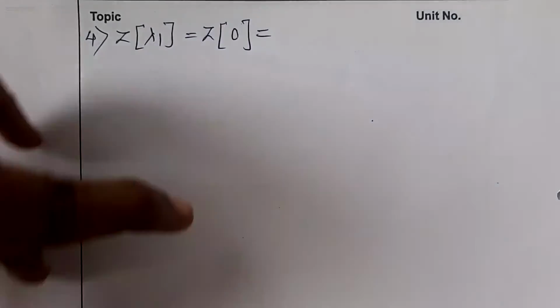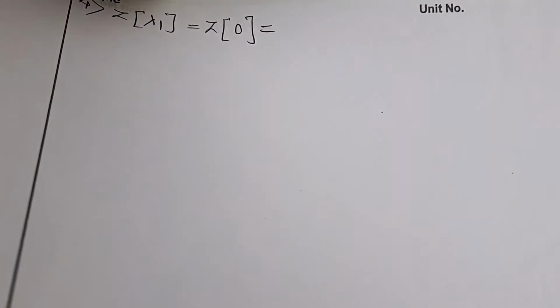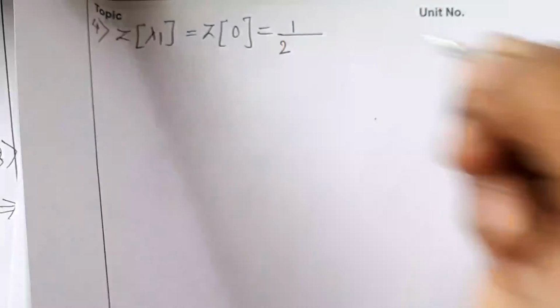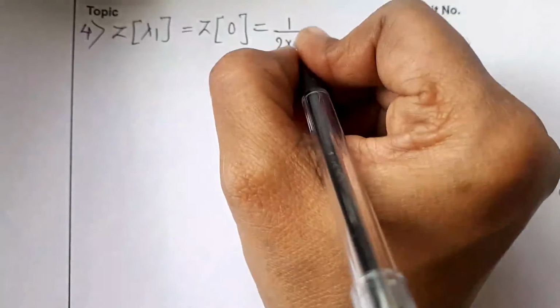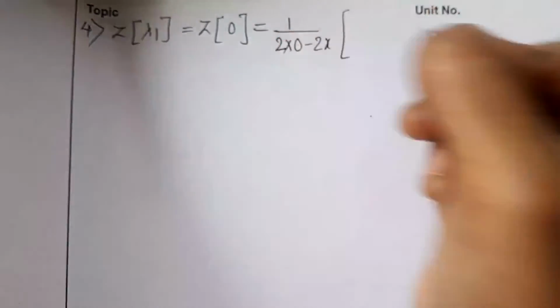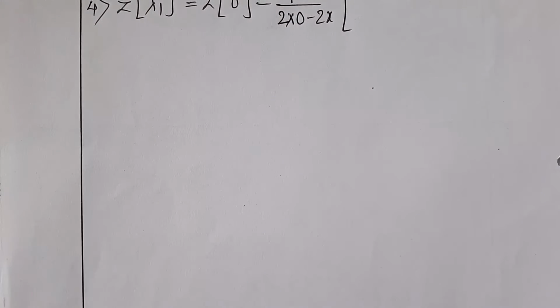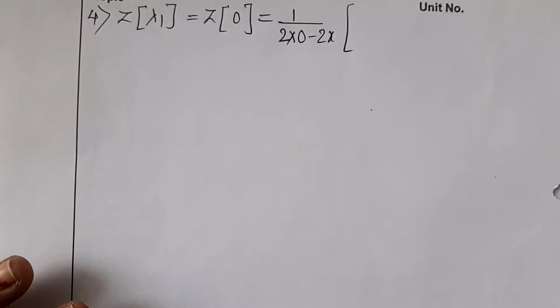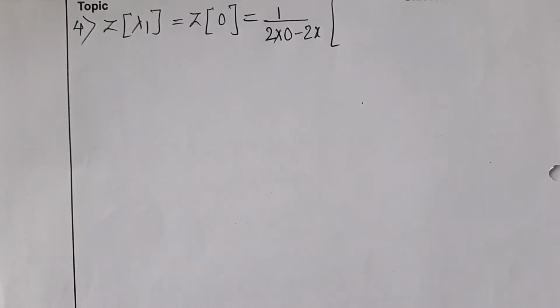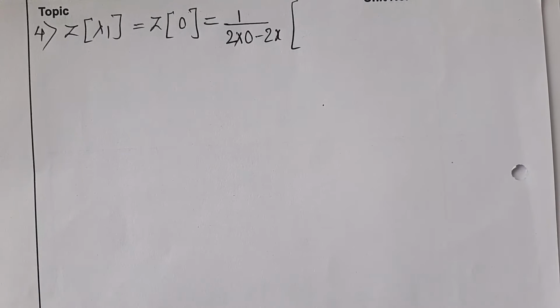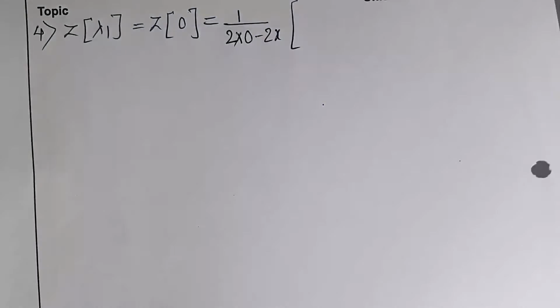So this is z of 0, which is 1 upon 2 into 0 minus 2x, times the matrix lambda minus x, x, x, lambda minus x.